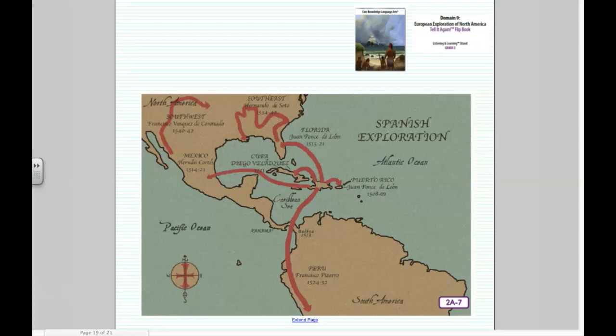At about the same time, Francisco Vázquez de Coronado led his army of Spaniards north from Mexico into what is now the southwestern United States, hoping to find the cities of gold he had heard about. In the following read-alouds, you will learn about the journeys of these conquistadors and other explorers, and hear about their bold ideas, their voyages, their struggles in search of gold, and their interactions with the Native Americans.